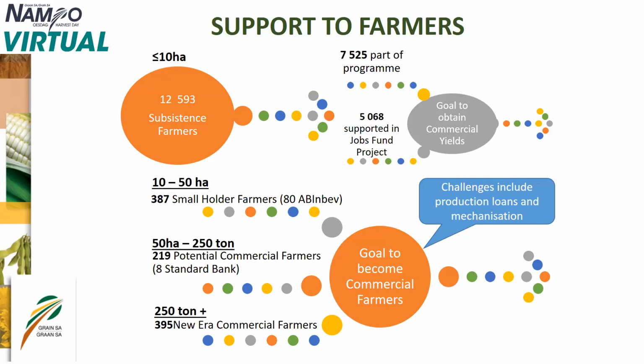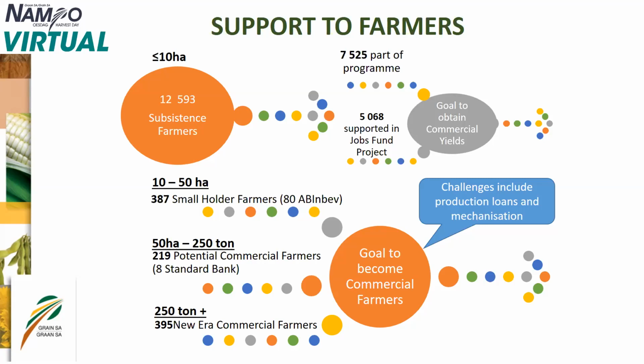If you look at the numbers that we're currently supporting, there are 12,593 producers in the program, and the majority of these are subsistence farmers.